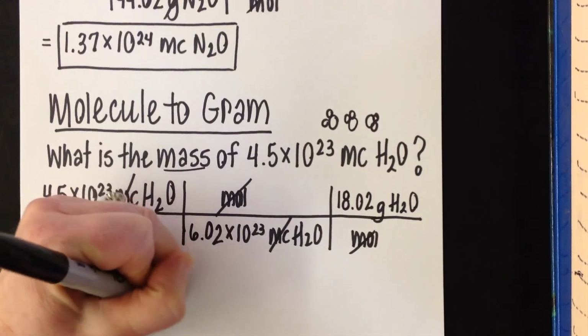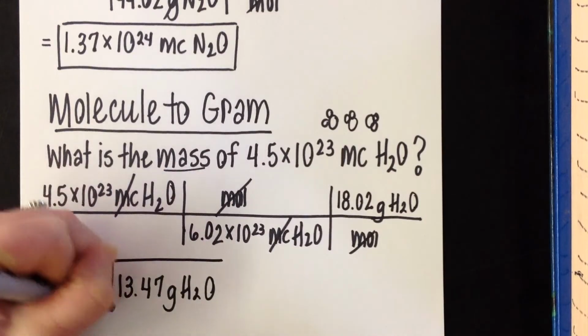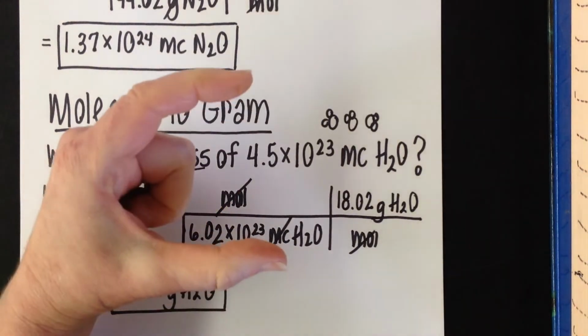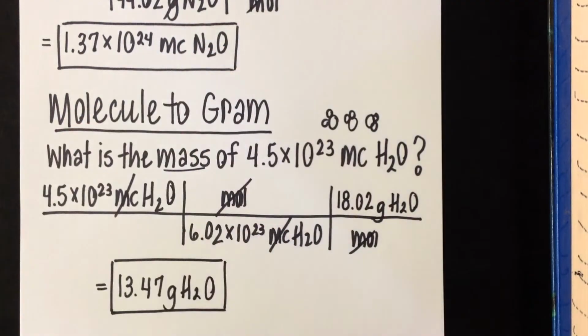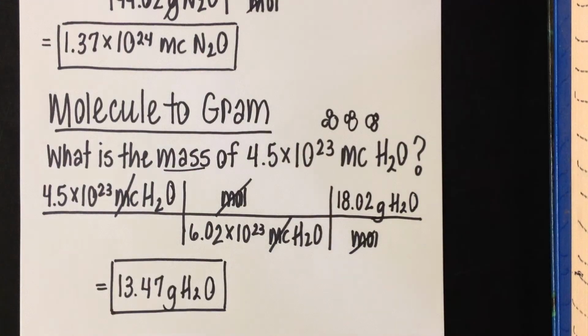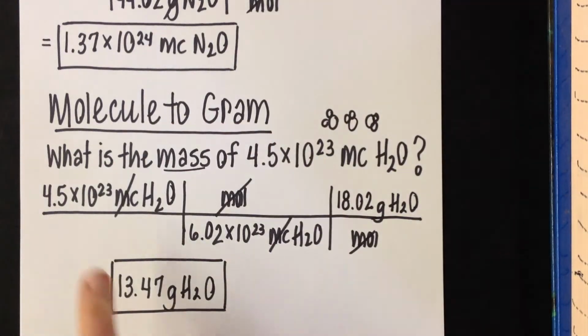13.47 grams of water. Just to put that in perspective for you, if you had a 50 milliliter beaker, like about yay tall, most of you have probably seen a 50 milliliter beaker, that's going to be just a little bit of water in the bottom. It's not a gallon of water. It's not a pool full of water. That is just a little bit of water, and that would be about the equivalent of 4.5 times 10 to the 23rd molecules.